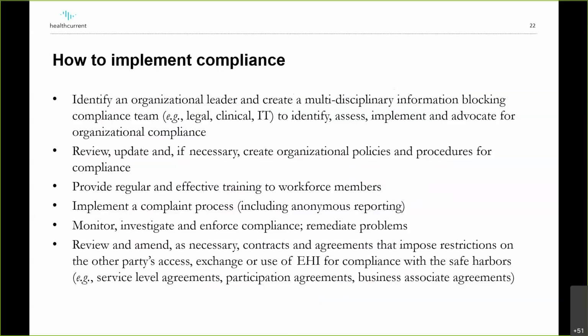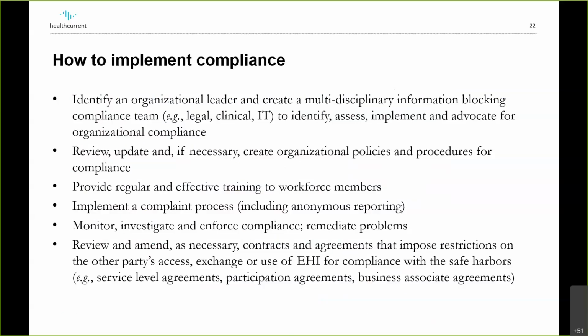And again, we'll do a more in-depth webinar on that one, to the extent any healthcare providers are offering their own system to others.